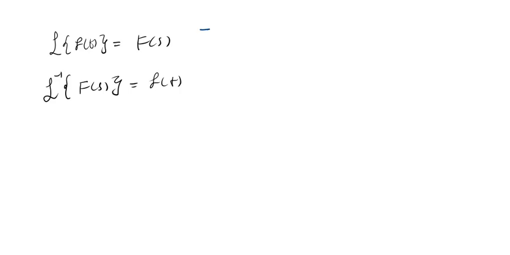Firstly, you have to know the table of Laplace transforms. For example, if I know from the table that t to the n gives me n factorial divided by s to the power n plus 1, then if I see anything that looks like that, I'll be able to tell that this is just t to the n.